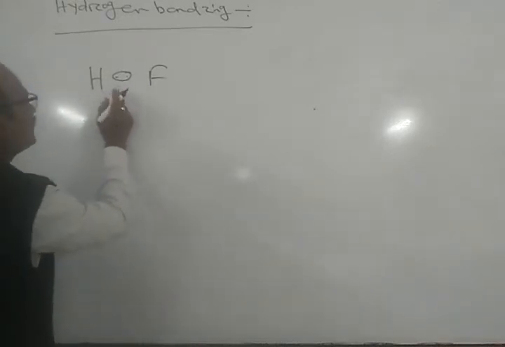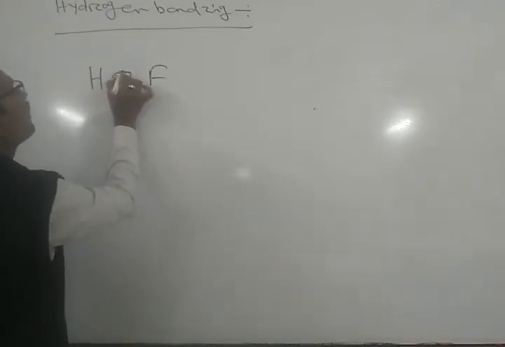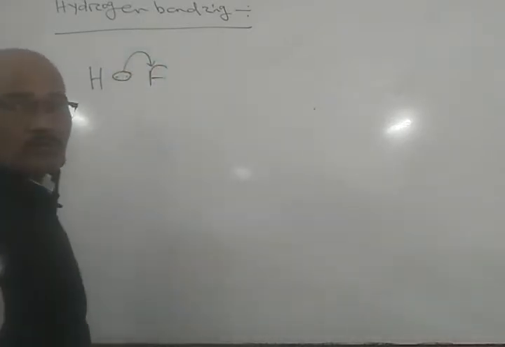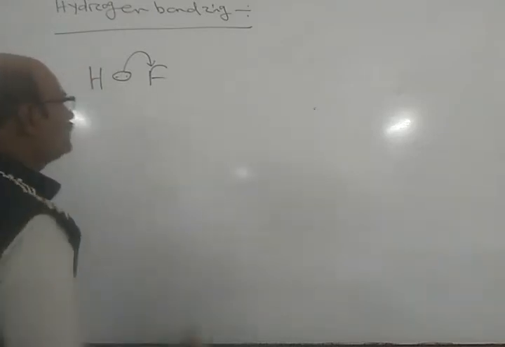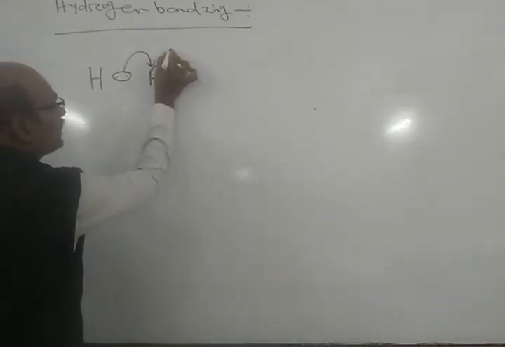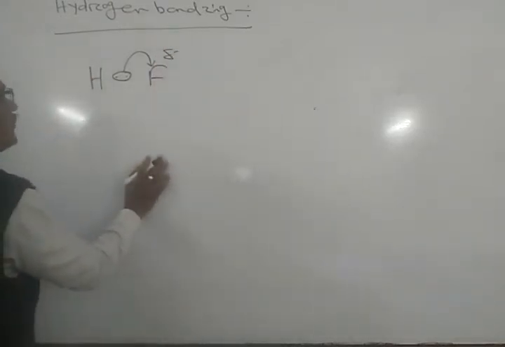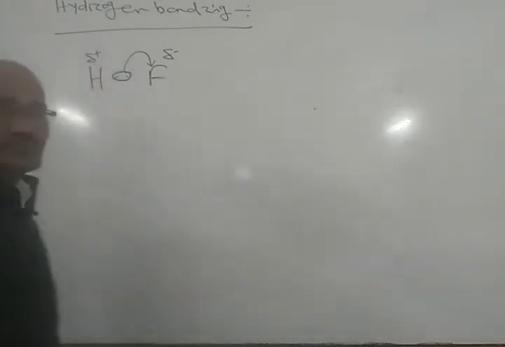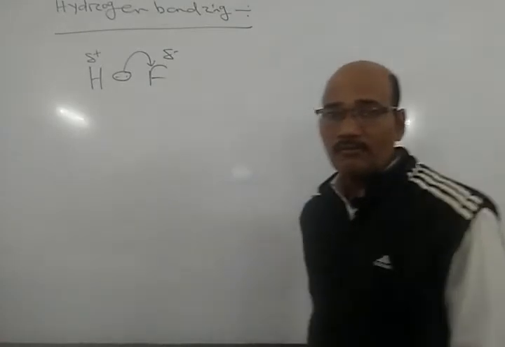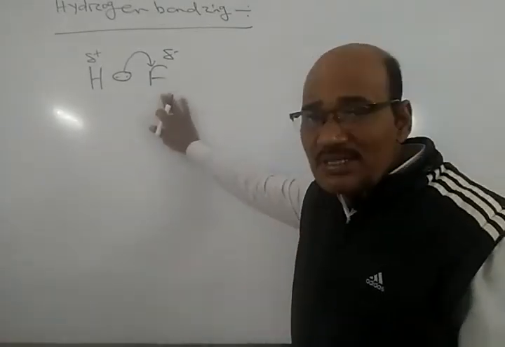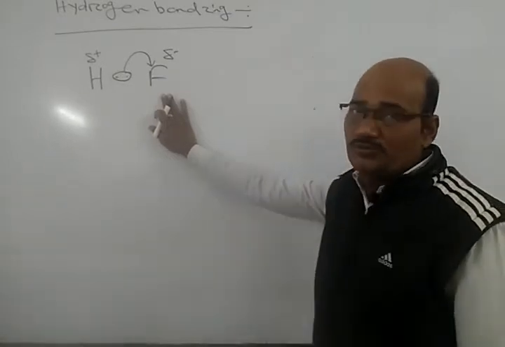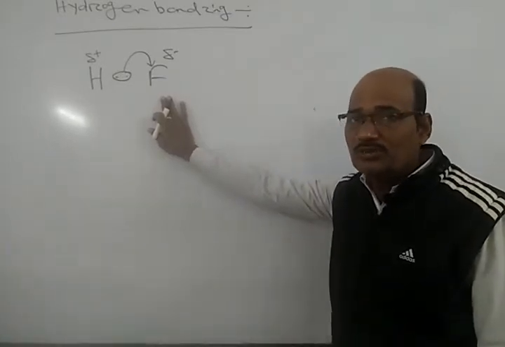So obviously this electron pair will be somewhat withdrawn toward the fluorine atom. Thereby this fluorine atom will get a partial negative charge and this H will get a partial positive charge. And these kind of bonds are also called what? Polar covalent bonds. We will discuss more about this.